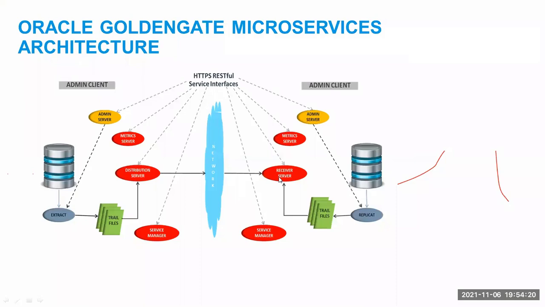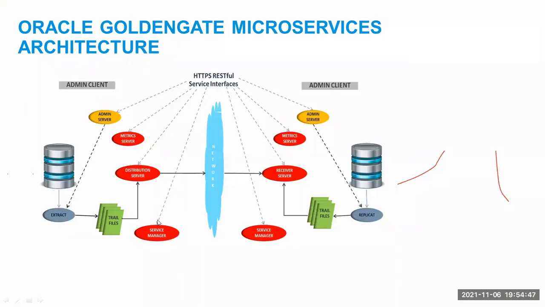Okay. So you have four services present in microservices: administration server, performance metric server, distribution server, and receiver server. Under administration server, you configure GoldenGate extract and replicate processes.